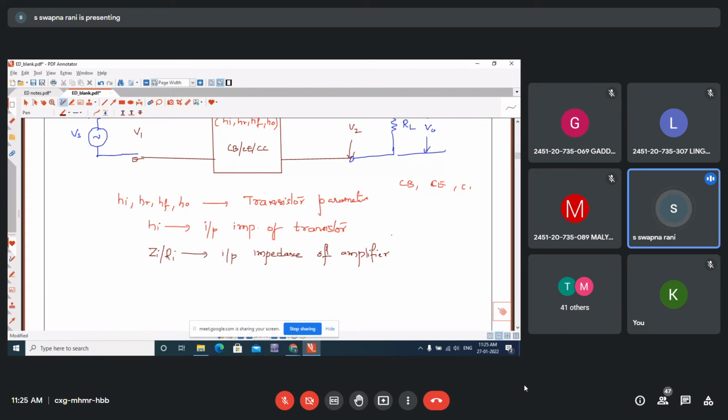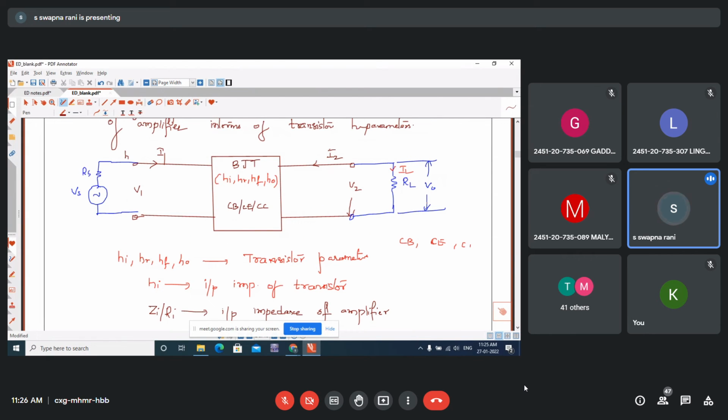So there will be a slight variation between the input impedance of the transistor and the amplifier, because HI is the input impedance of the transistor configuration, and the input impedance of the amplifier is going to be different from HIE.